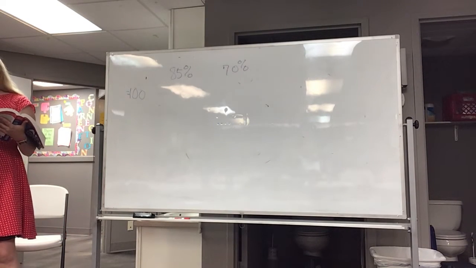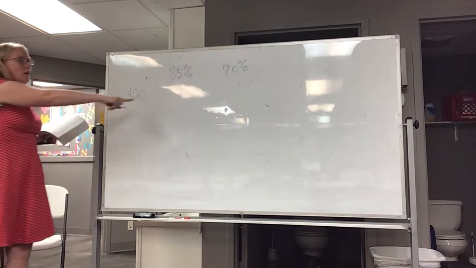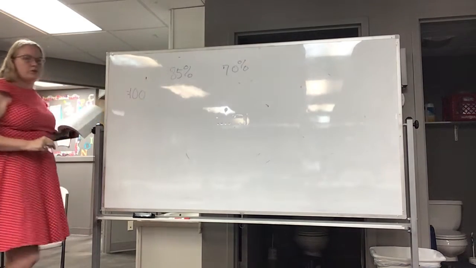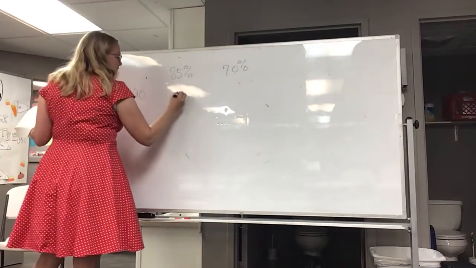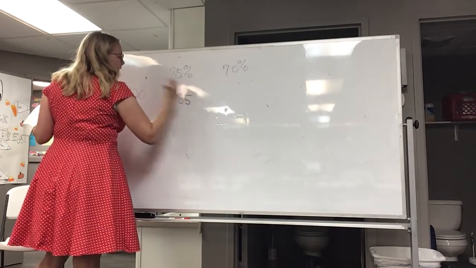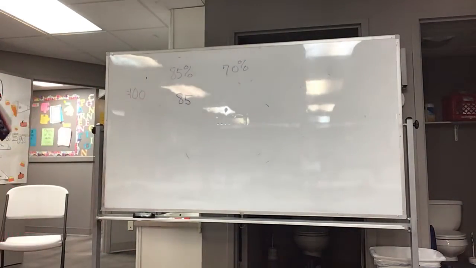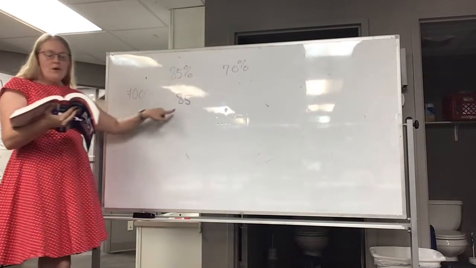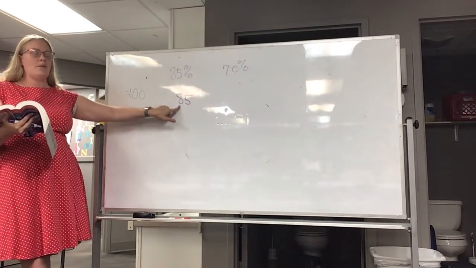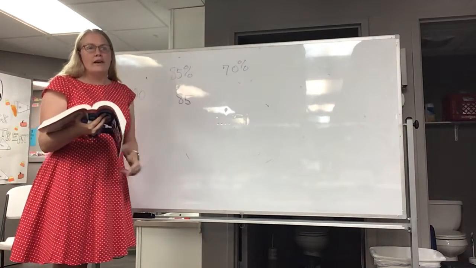First one is super easy. What is 85% of 100 students? 85 students. The next one gets trickier because it's 70% of those who passed the written exam also passed the oral exam.